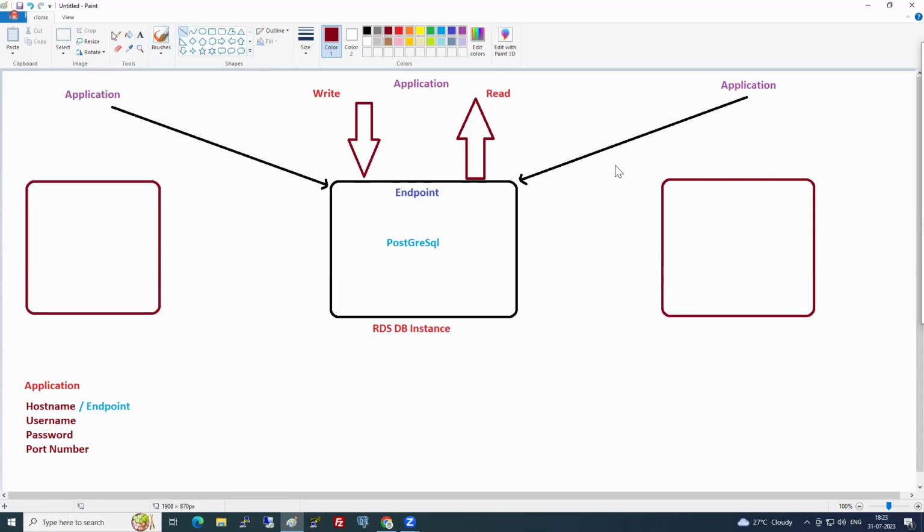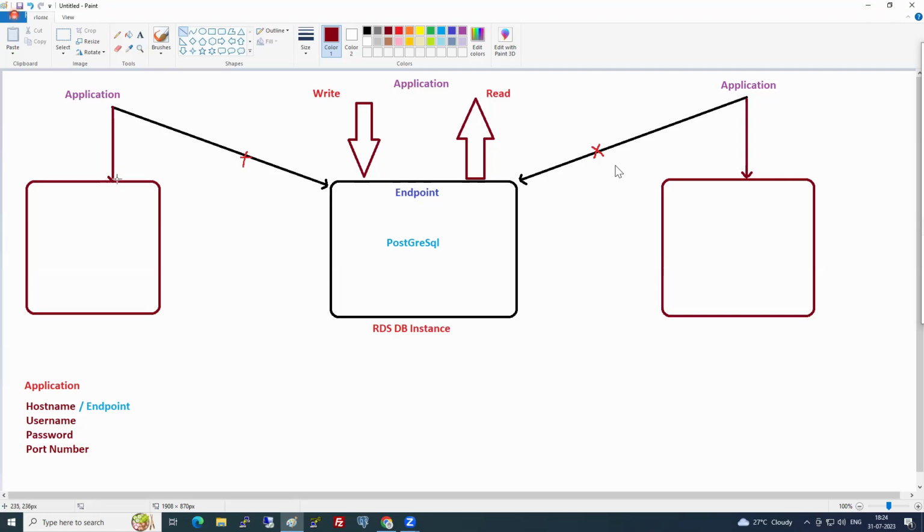So now, instead of these applications being connected to these databases, these applications can be connected to the read replicas. If you have separate read replicas like this, then you are okay.